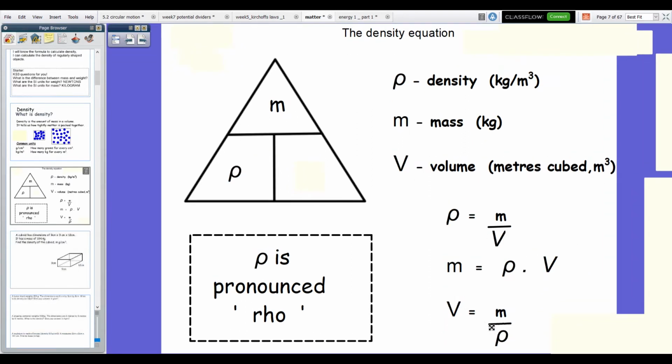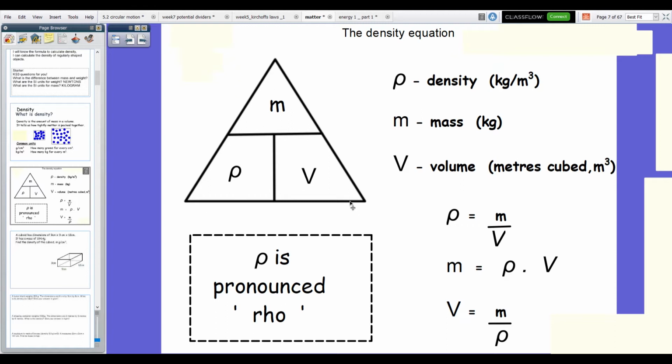Volume equals M over rho. So they're the 3 formulas, but really you're just trying to remember this one. V equals the triangle, and density is mass over volume, and the others just drop out of that.